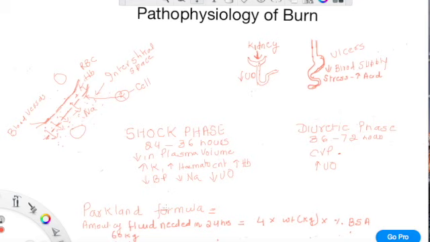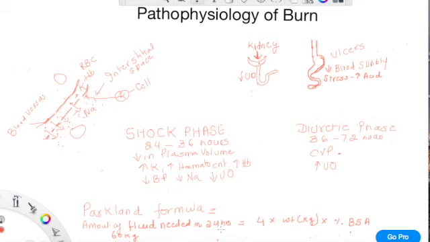So how much fluid should we give in the shock phase? This is calculated with the Parkland formula. The Parkland formula: the amount of fluid needed in 24 hours is equal to 4 multiplied by the patient's weight, multiplied by the percentage of burnt surface area. Let's say the patient's weight is 60 kilograms and the burnt surface area is 30%.